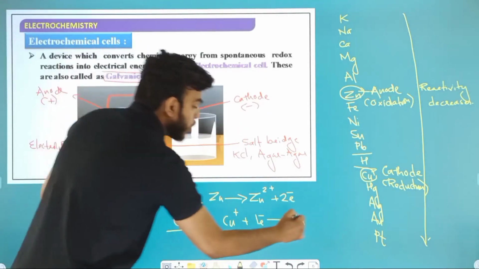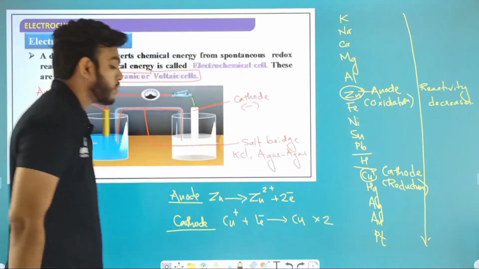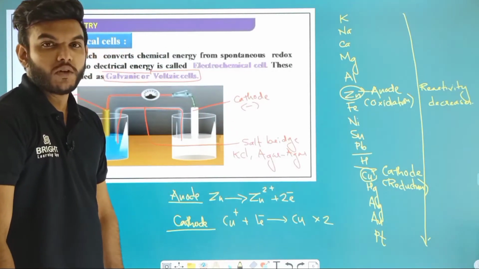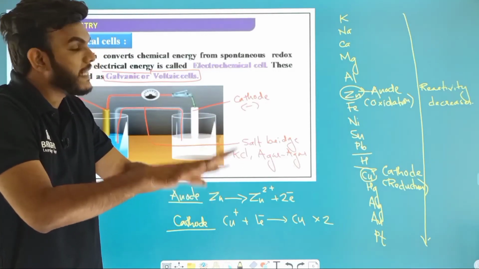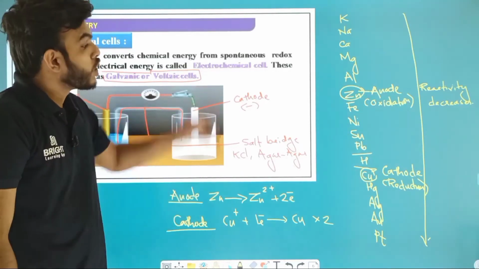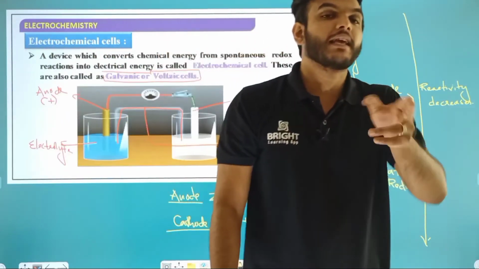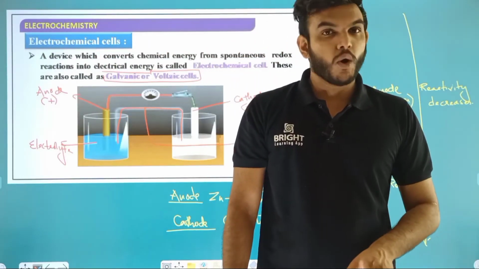Both have 2 electrons, so the reaction is balanced. In this way, you have to find the anode and cathode. The top element should act as the anode and the bottom element should act as the cathode. I think you got the point.